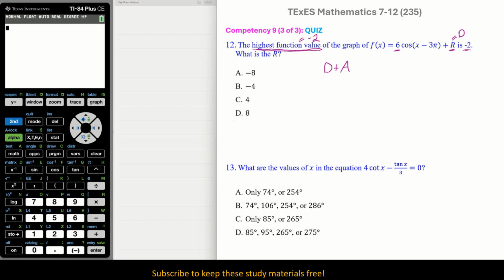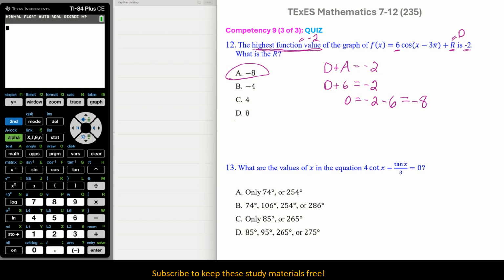Right, so the highest value equals minus 2, and we know that a is 6, so that gives us this quick little equation that we need to solve, which is d plus 6 equals minus 2, so d is obviously the negative 8.